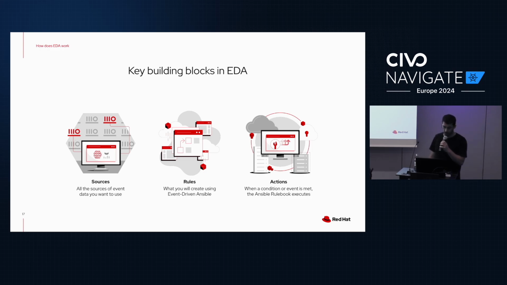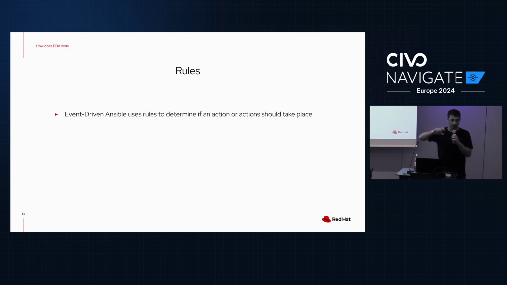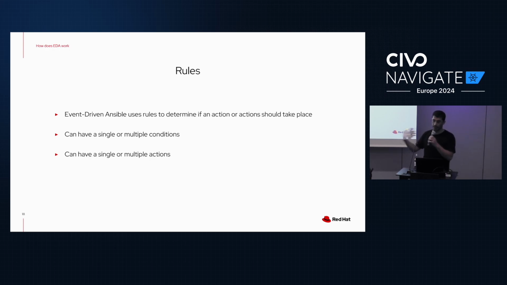So from the rules perspective, EDA uses rules to determine what action it should take. Every rule can have a single condition or multiple conditions, and it can have one or more actions associated to it.